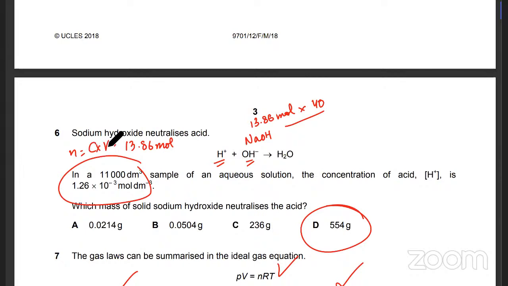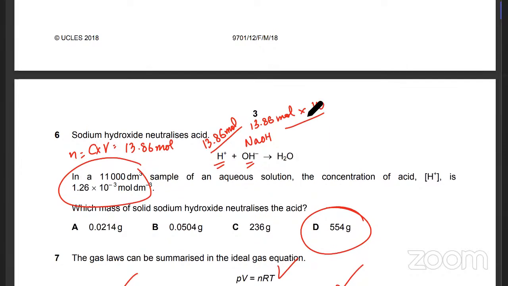So if you have concentration and volume, you can find the moles, right? Is that clear? The volume and concentration were given. Okay, so you got 13.86 moles of this. So the amount of NaOH would be exactly the same. It's 1:1, right? So the amount of NaOH would be 13.86 moles exactly. And multiplied by the Mr to find the mass. That's it.